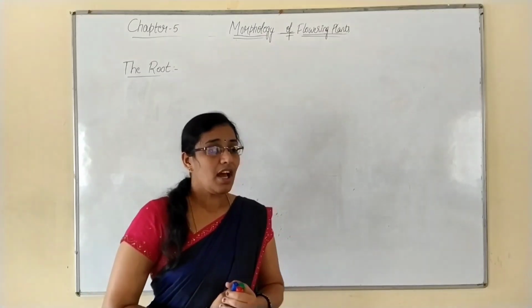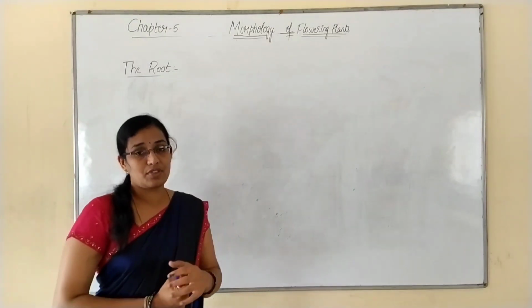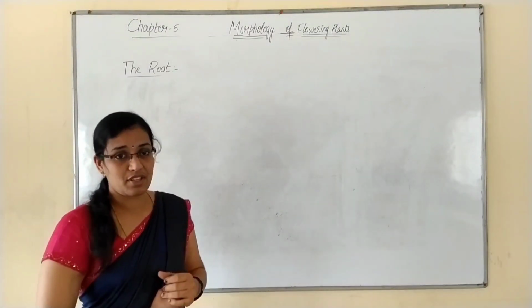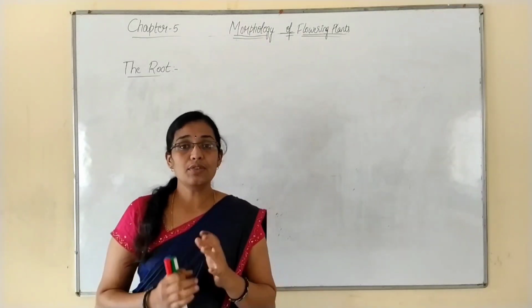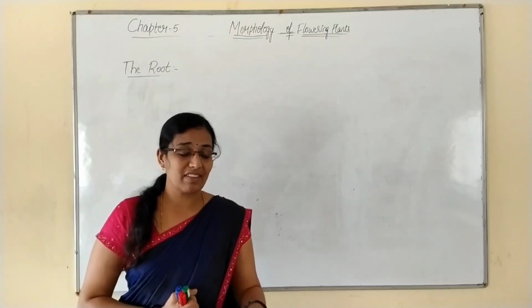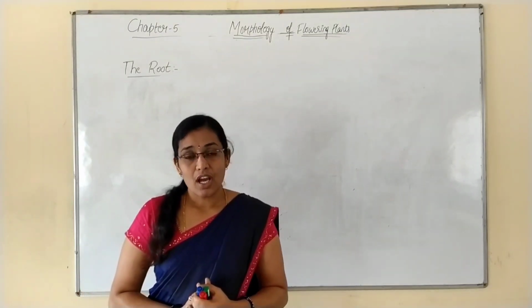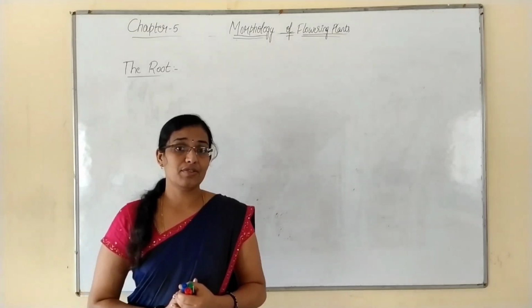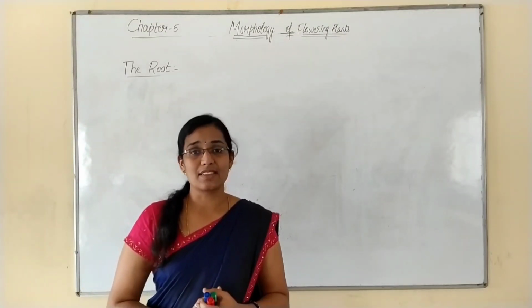Okay. Now let us look at what roots are. So what is a root? A root is a cylindrical structure. Where will it be present? It will be present under the ground. What color will it be? It will usually be non-green, usually brown in color, because it is present inside the soil.